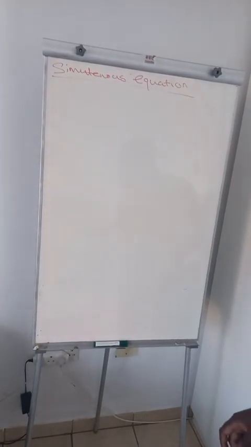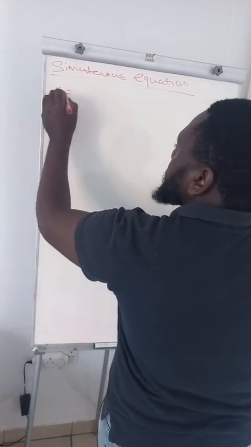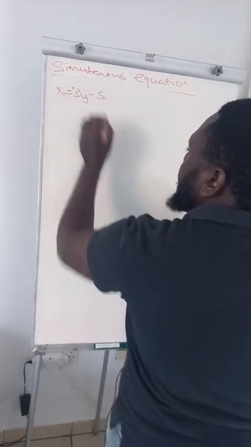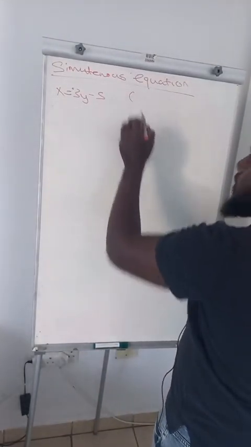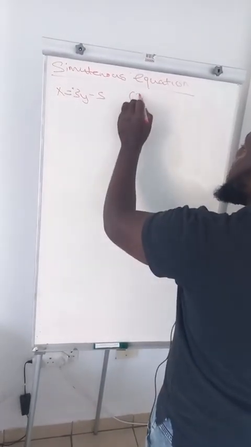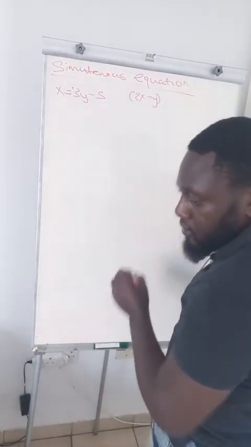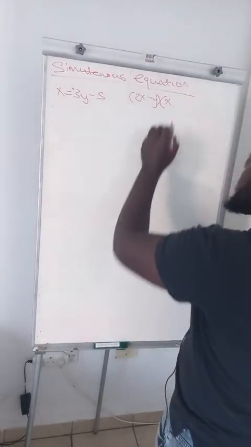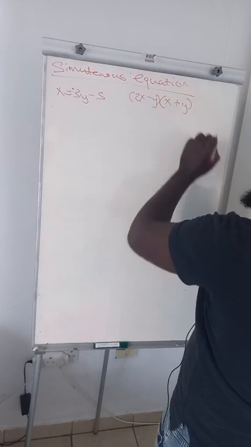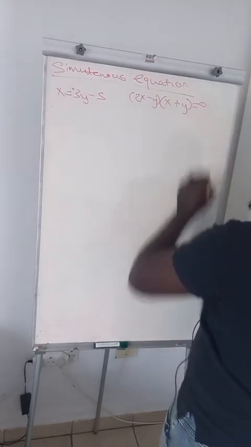You're solving a simultaneous equation. Here they've given us x equals 3y minus 5, and then here you're having 2x minus y, times x plus y, equals 0.